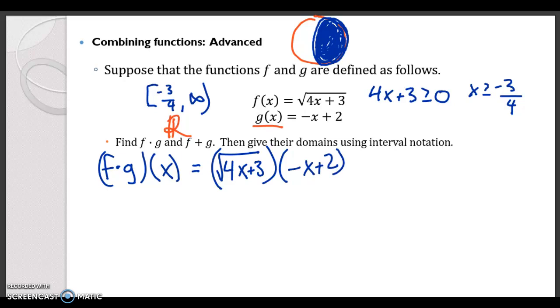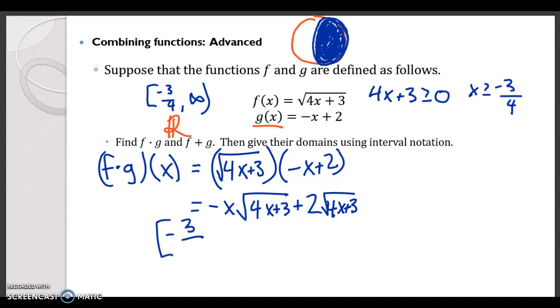We could multiply this through and get negative x times square root of 4x plus 3, plus 2 times square root of 4x plus 3. Okay, but that is f times g, and the domain is the intersection of f and g, which is negative 3/4 to infinity.